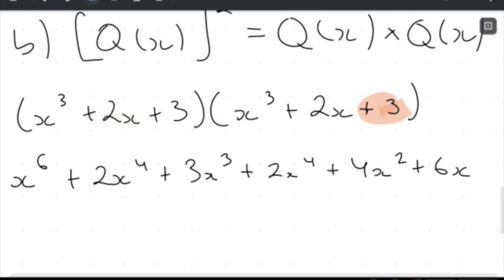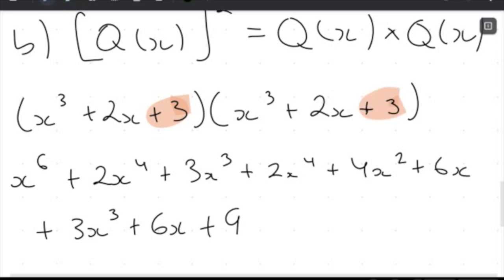Okay, almost there. We're going to work with our final term, our 3. Timesing it by that gives me positive 3x cubed. Timesing it by my next term gives me positive 6x. And timesing it by my very last term gives me positive 9.